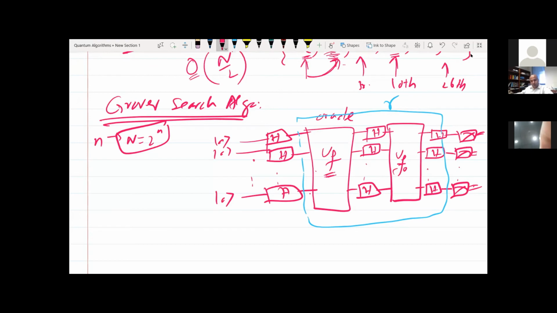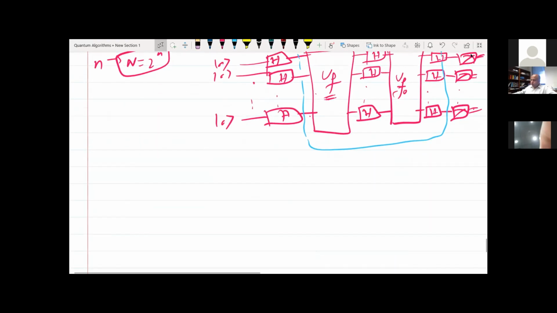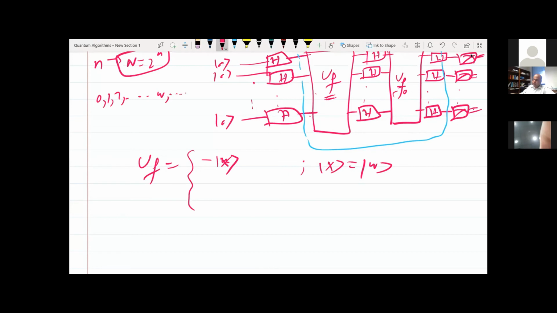And let's see how. This UF is an oracle which gives you a minus sign with the input if your input is equal to the W state that you're looking for. Suppose out of all the elements 0, 1, 2, all the way, W is something that is your solution.